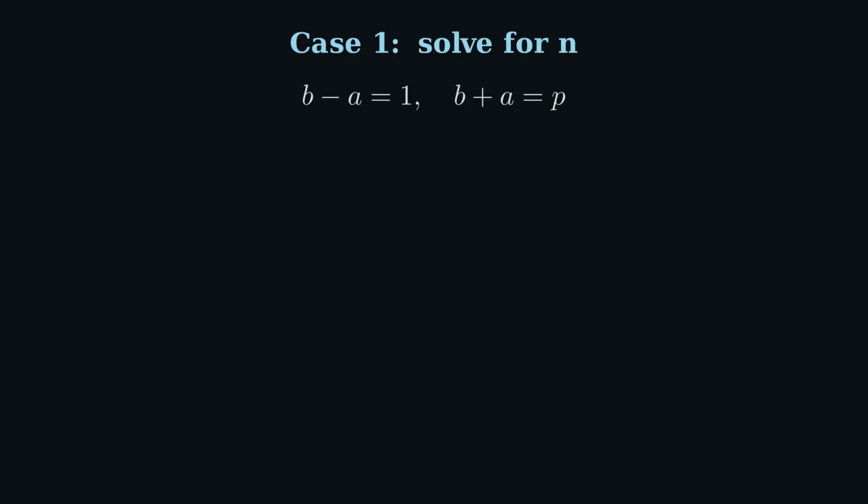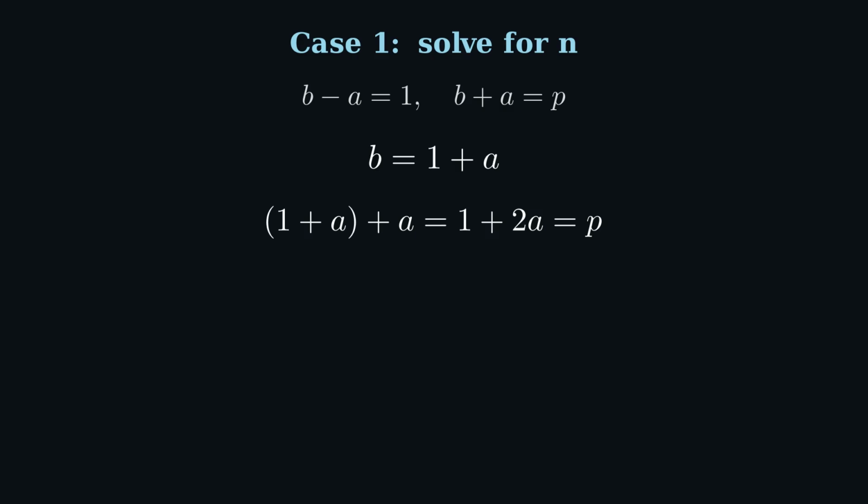So we can rewrite this a little bit and say that b equals 1 plus a. And then if we substitute this into our expression for p over here, we get 1 plus 2a equals p.